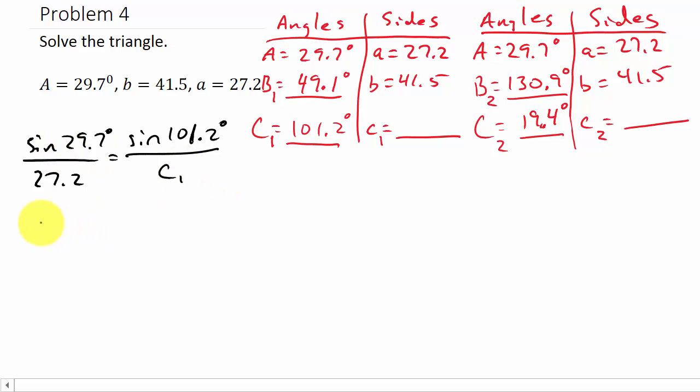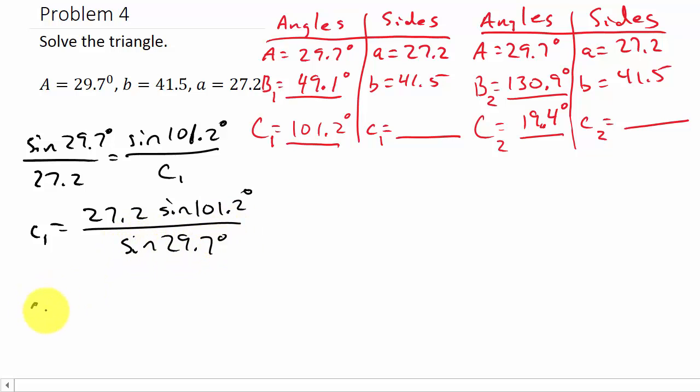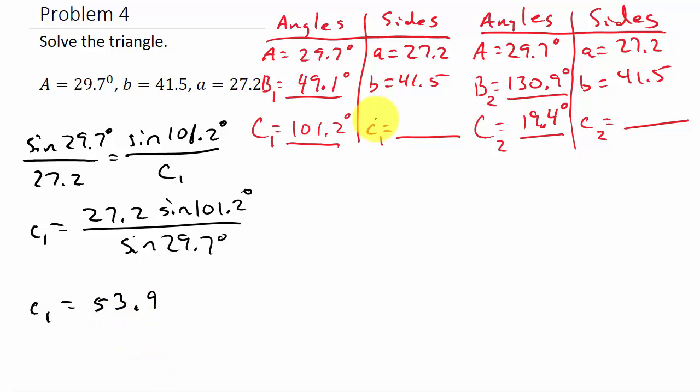Then I solve for C1, so C1 is 27.2 times the sine of 101.2 degrees over the sine of 29.7 degrees. And so I get 53.9 when I punch that into my calculator. So C1 is 53.9.